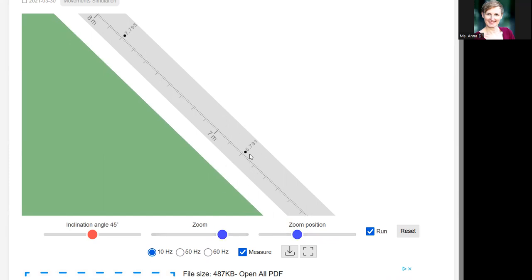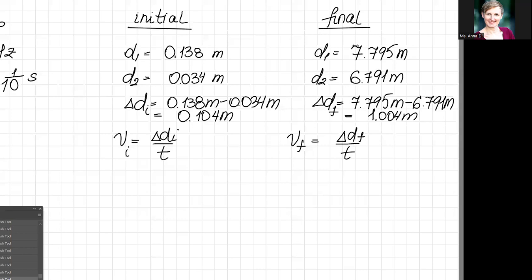So suppose these are my next 2 numbers, and I want to calculate the distance here. So position 1, position 2, and displacement. Let's record that in my document. So I record my final to be made out of position at 7.795 to 6.791. The difference is 1.004.